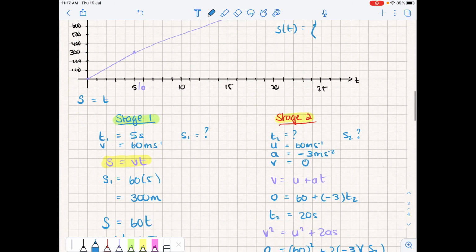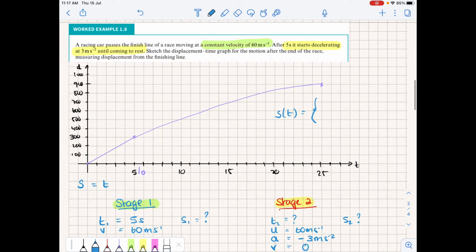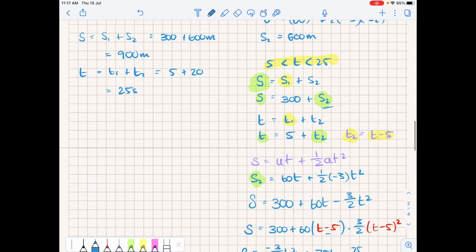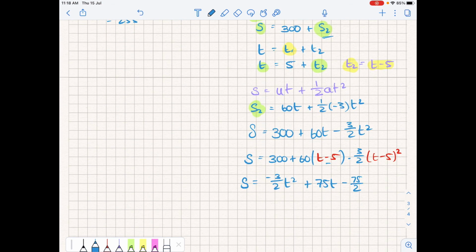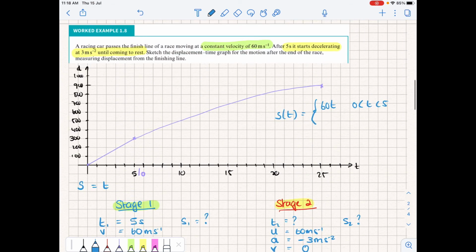If we go back to stage 1, it's equal to 60t, and this is between 0 and 5 seconds. And going back to what we've just worked out for the second stage, right? We have minus 3 over 2 t squared plus 75t minus 75 over 2, and this is between 5 and 25.